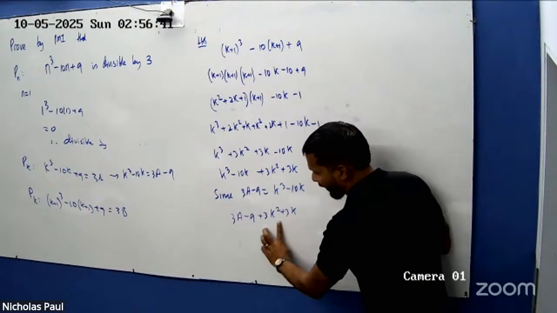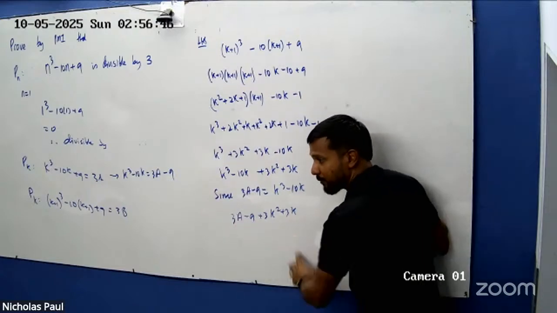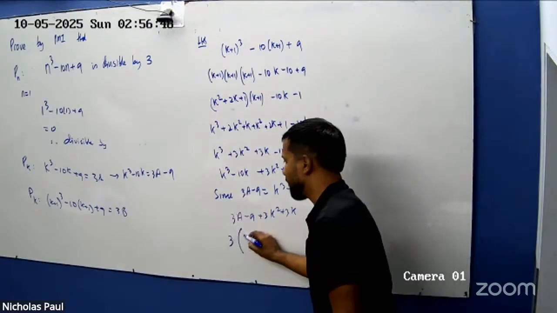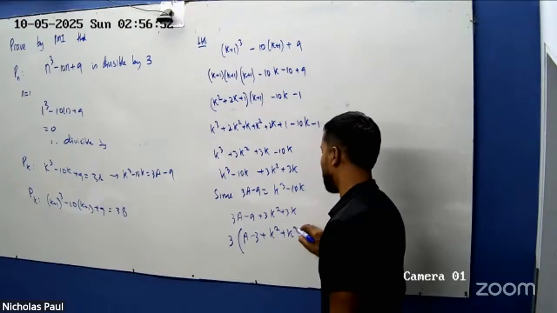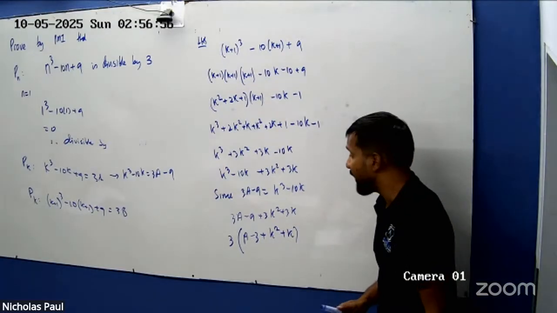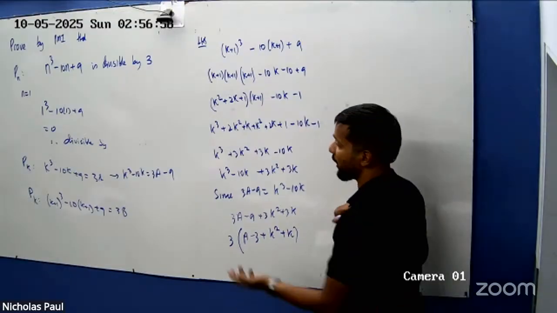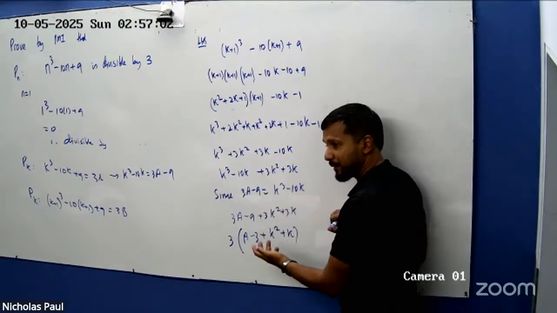What you will recognize is that they all are divisible by 3. So I could factor out 3 and I'll get a minus 3 plus k squared plus k. All right. Again, you didn't have to do that. You could have just made k cubed the subject and substituted. You'll get the same answer. Okay?